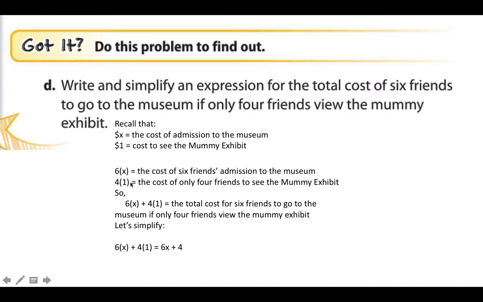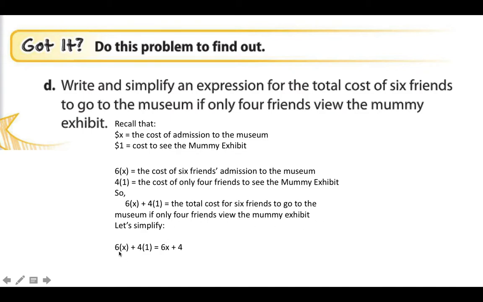So 4 times 1 is the cost of only 4 friends going to see the mummy exhibit. Now, if we add those together, 6 times x plus 4 times 1, that would give us the total cost of 6 friends going to the museum and only 4 friends viewing the mummy exhibit.